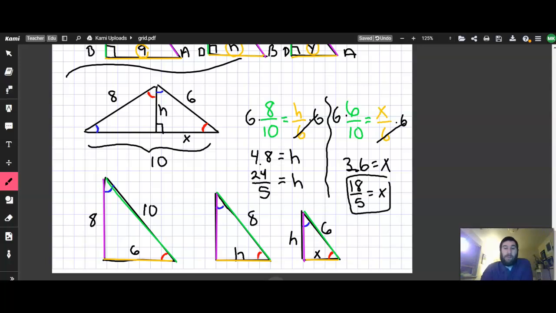So, ladies and gentlemen, those are our two answers. And that h is true for both of our h's down here. Both h's are 24 fifths, and the x is 18/5.